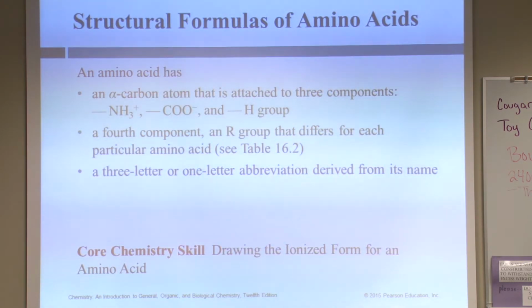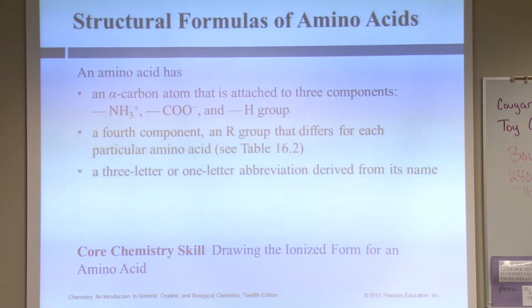Again, we are reviewing the structure of an amino acid. It has an alpha carbon that is attached to 3 components: the ammonium group, the carboxylate group, and a hydrogen. The 4th component is an R group that differs for each particular amino acid. And a 3-letter or a 1-letter abbreviation derived from its name.